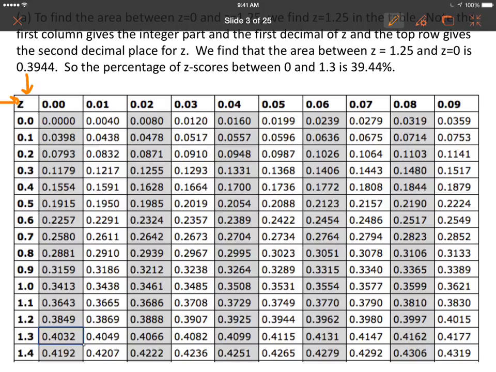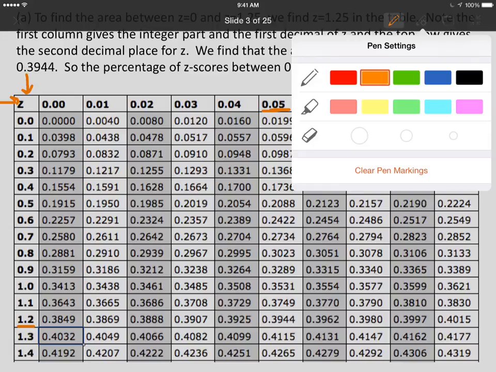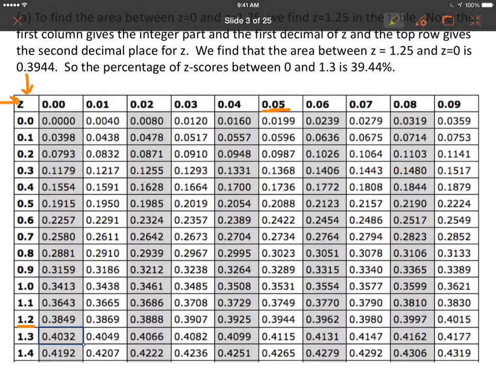So we go down to 1.2. And then we're going to look across the top for the 0.05. That's my last digit in my z-score. And we're going to find where they meet. Okay, so let me use the highlighter to show that. So we're going to go down and across, and they meet here at 0.3944.